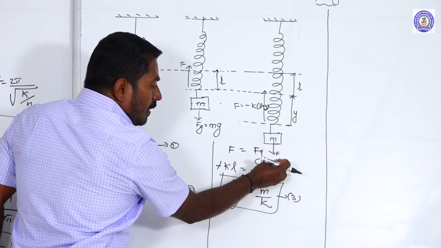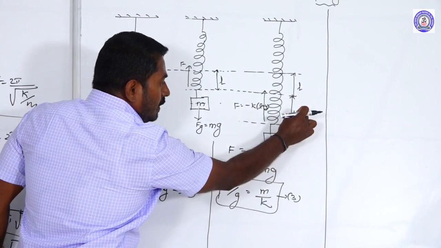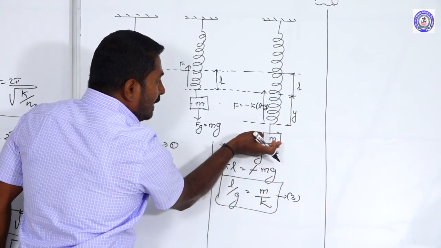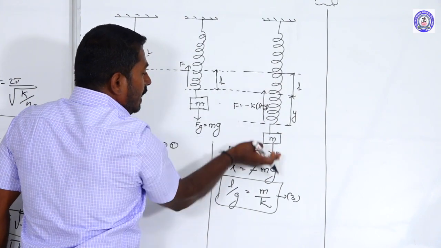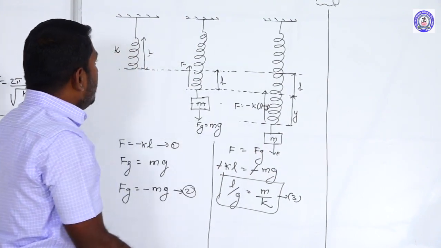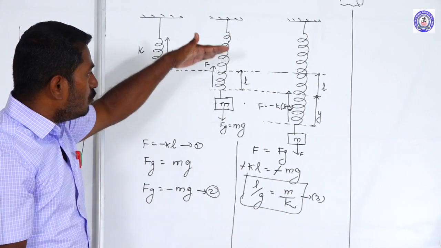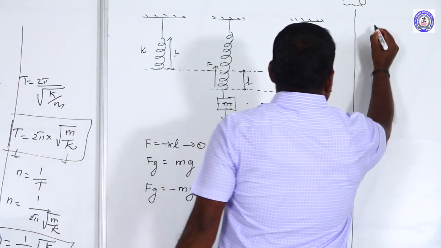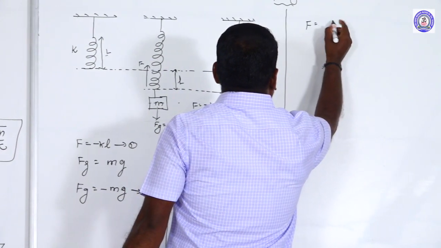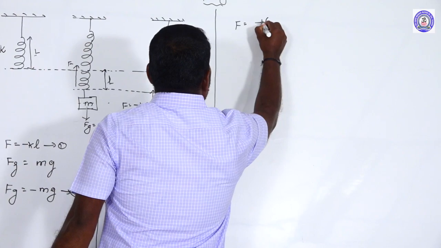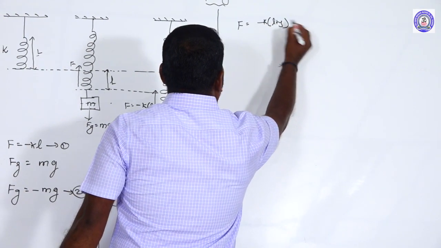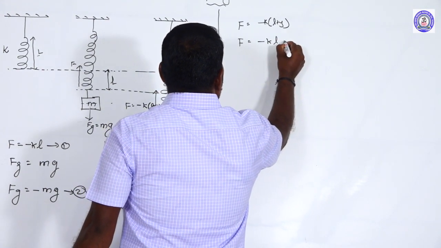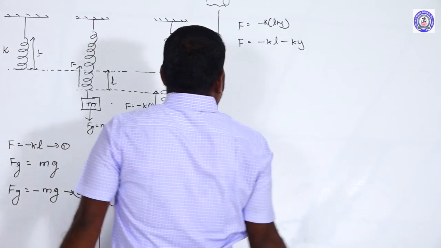After applying the external force through a displacement y, remove the applied force. Now the block oscillates about its equilibrium position, resembling a linear simple harmonic motion oscillator along the y-axis. The restoring force F equals minus k times L plus y, so F equals minus kL minus ky.